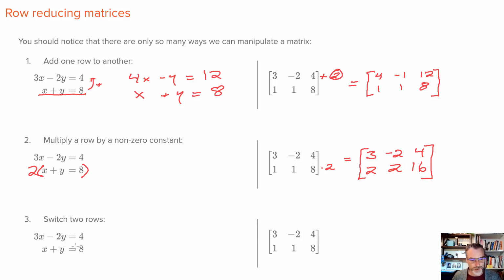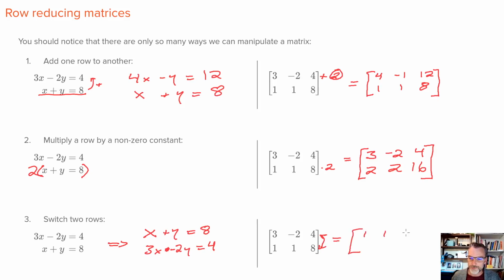Another thing you can do is recognize that those equations are just written arbitrarily in that order. So I could switch them around if I really wanted to. Maybe seems like a silly thing to do, but it's going to turn out to be useful later. Oops, it should be minus 2y equals 4. It'll turn out to be useful later in working with these coefficient matrices.